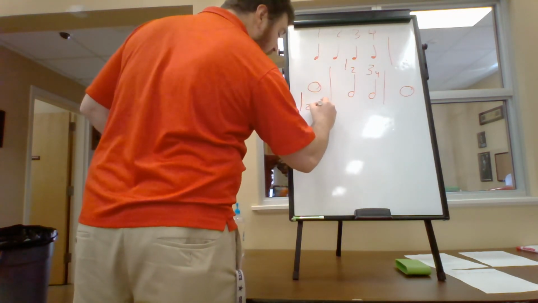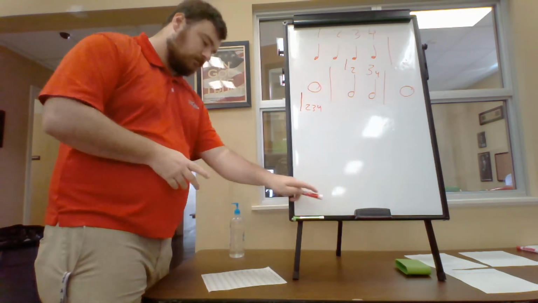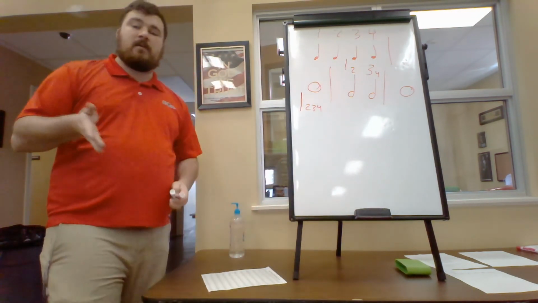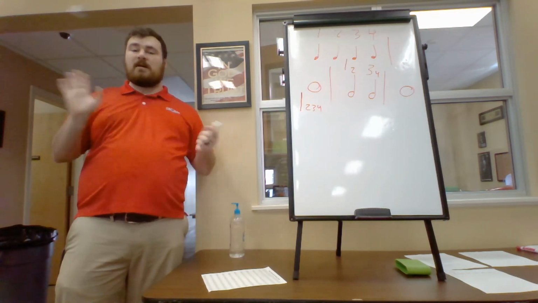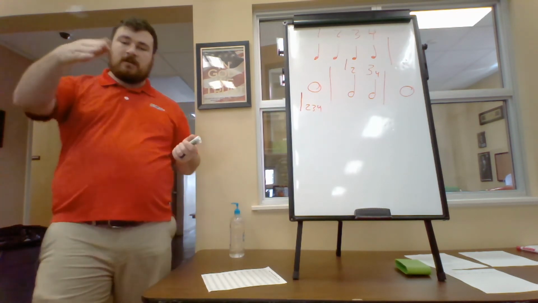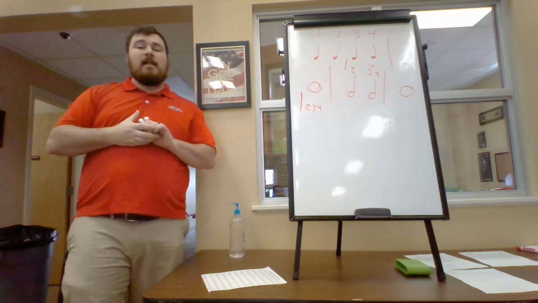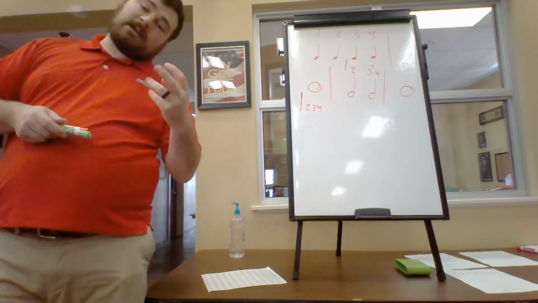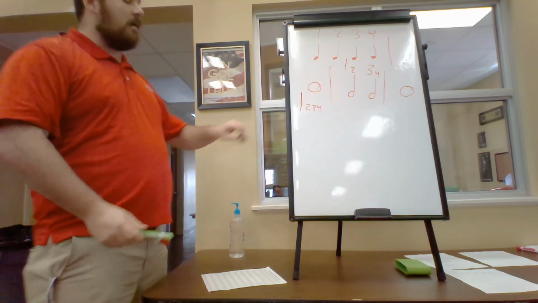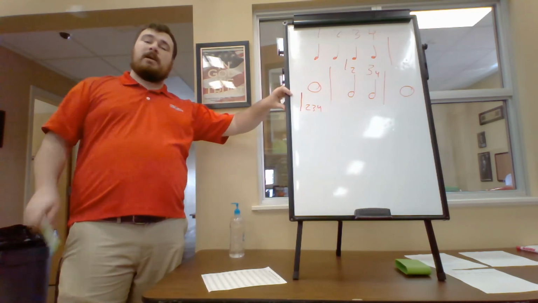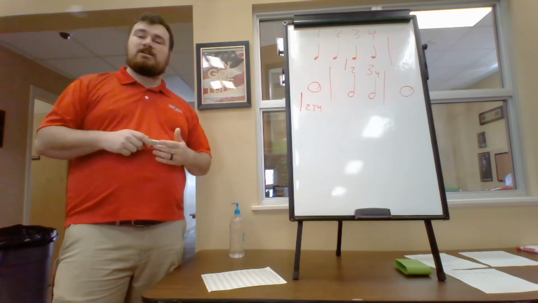2, 3, 4. Now, if you remember, the half notes get a big first number and a small little number. That's all they get, 2 numbers. First one's big, second one's small. The second one's small because we're holding out the note. The whole note gets 1 big number and 3 little numbers. The only reason it only gets 1 big number is because the big number represents the articulation of the note.